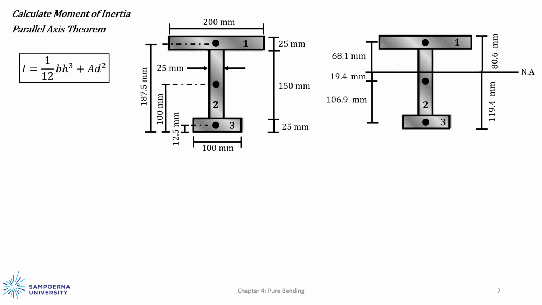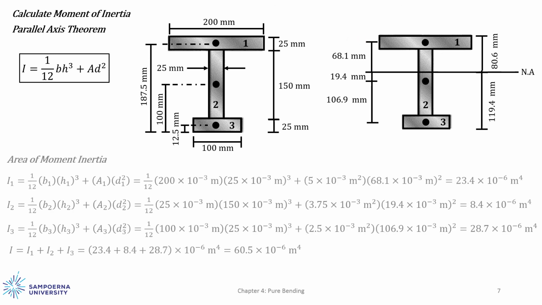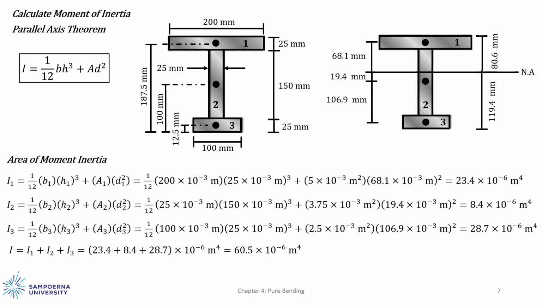Then from the right picture, we know the distance from the neutral axis to each centroid, or D. Then using the parallel axis theorem formula, we can find I for each section. Then summing them, we have the moment of inertia for the whole cross-section.